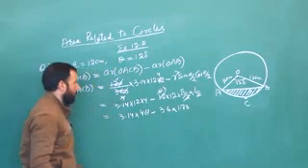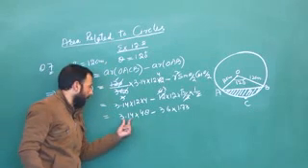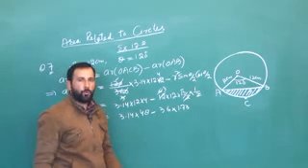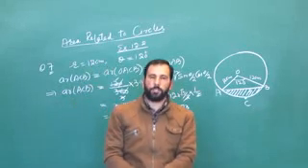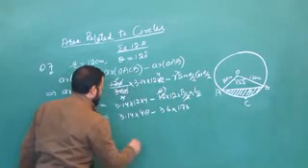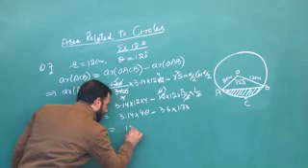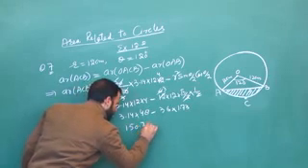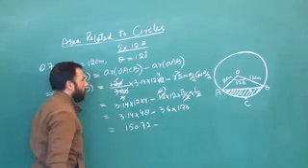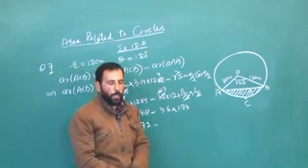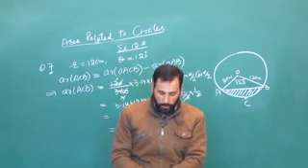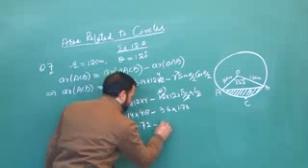After multiplying 3.14 into 48, we get 150.72. Then minus, when you multiply 36 into 1.73, you get 62.28.